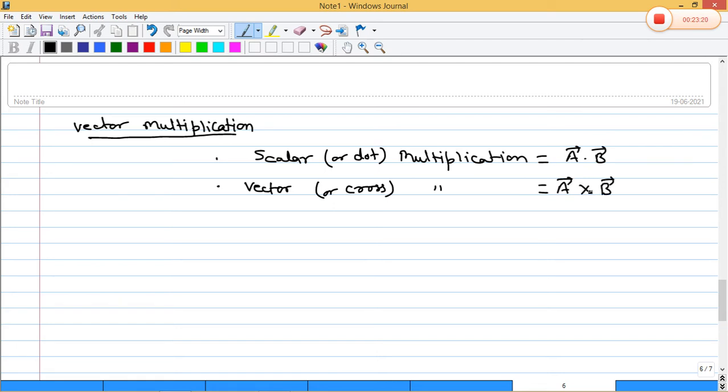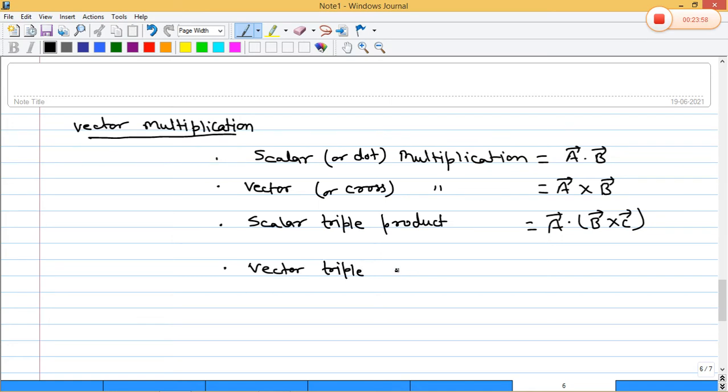If there are 2 vectors, like this. Third, we have to know about the scalar triple product, if 3 vectors A, B and C are there. The fourth one is the vector triple product, where A, B and C are vectors and we take cross products between them.